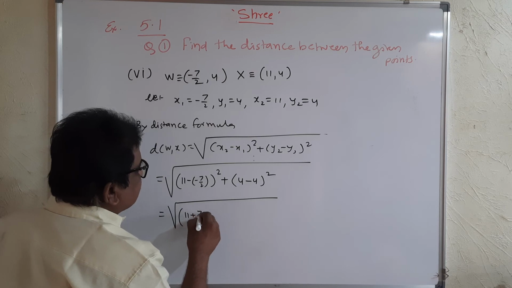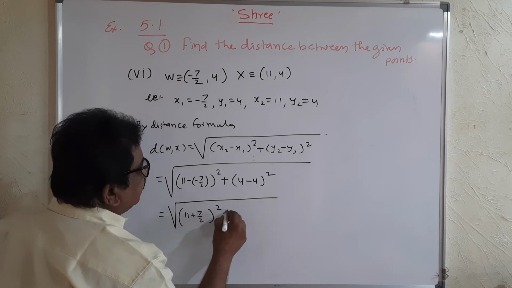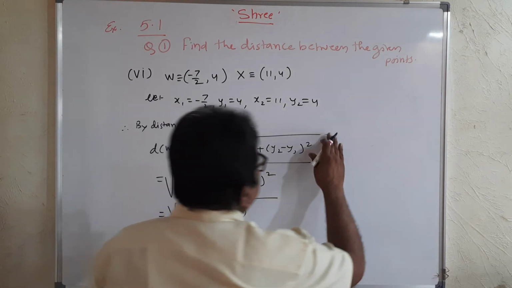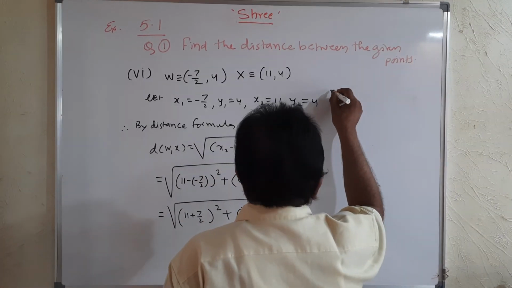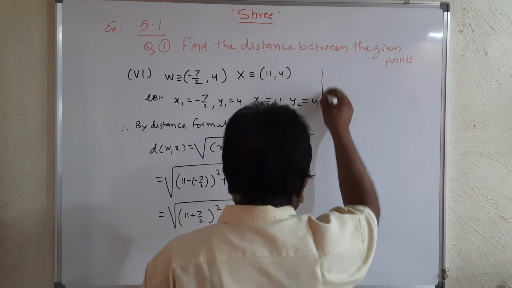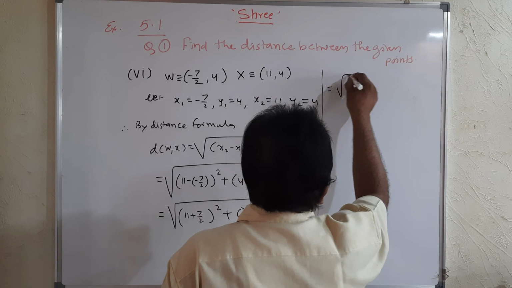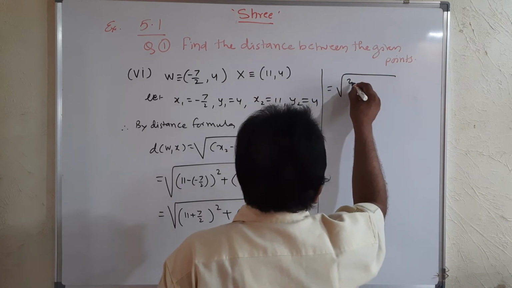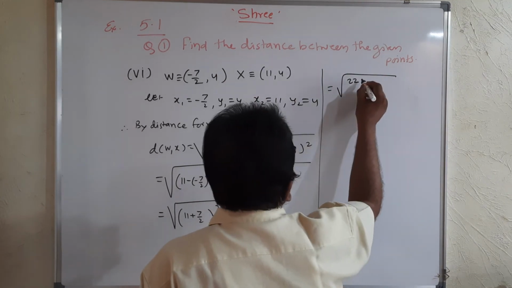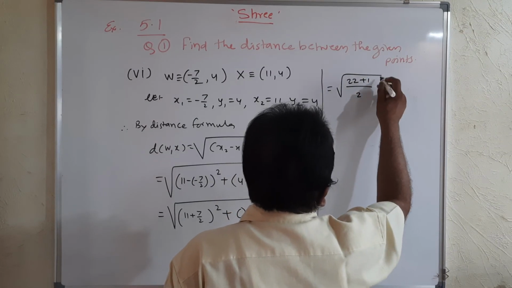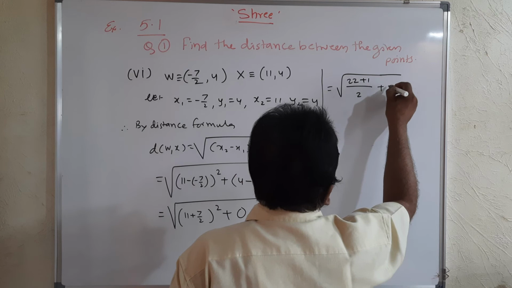So it will be 11 plus 7 upon 2 the whole square plus 0. 4 minus 4, 0. Then come to this side. It will be under root, cross multiply, 22 plus 7 upon 2, plus 0.